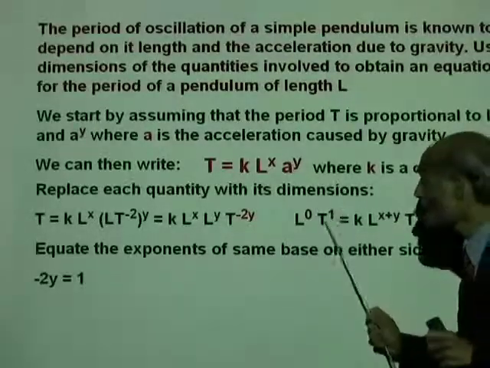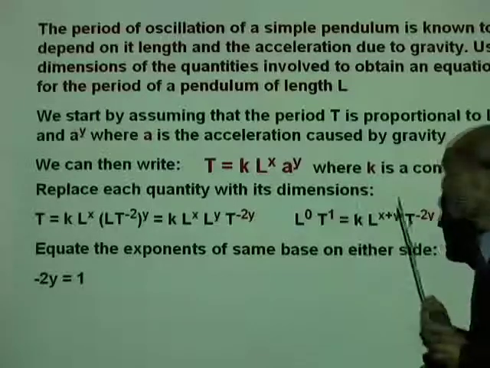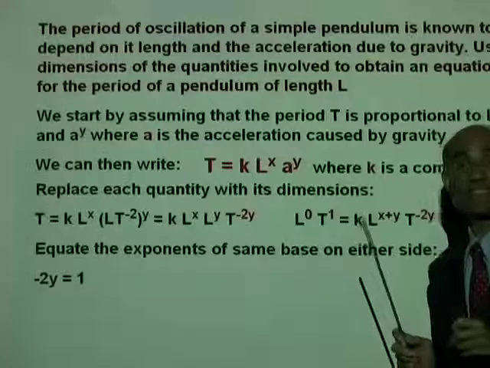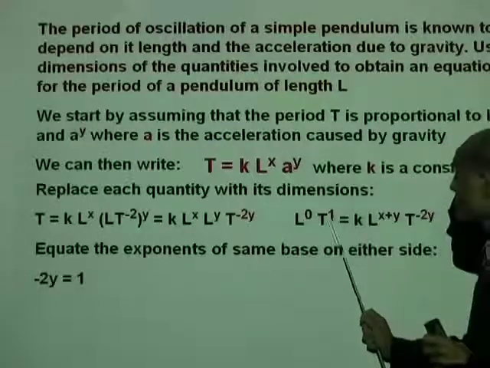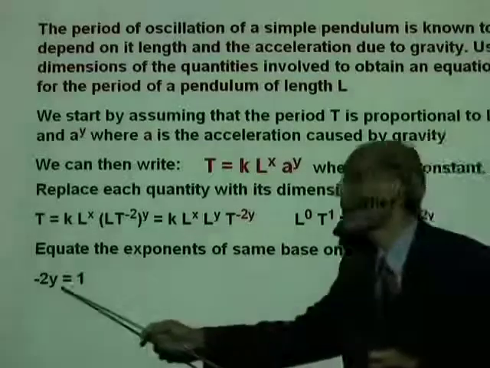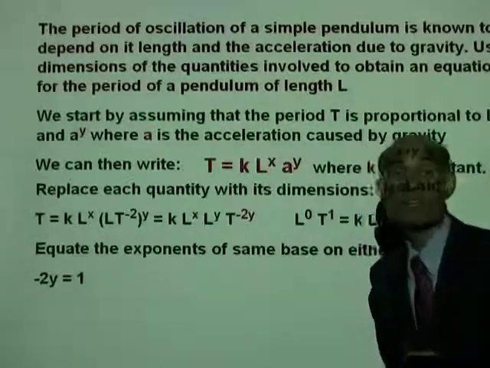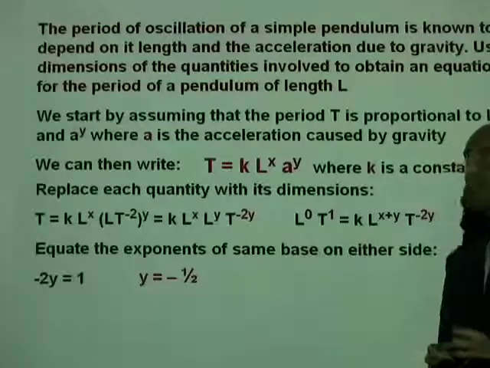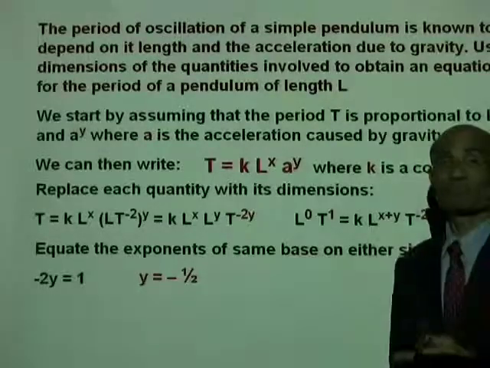The exponent of t on the left side must be equal to the exponent of t on the right side. So I start by saying 1 equal to negative 2y, and that gives me the value of y. y equal to negative 1/2.